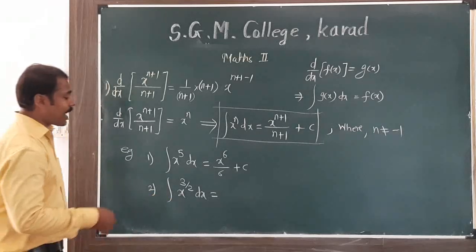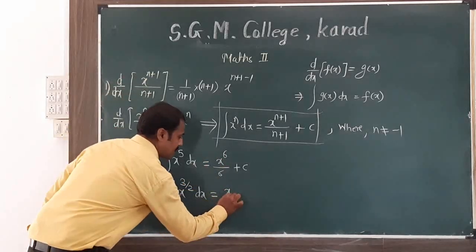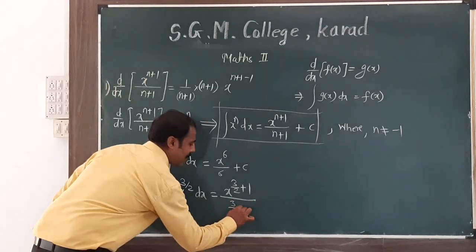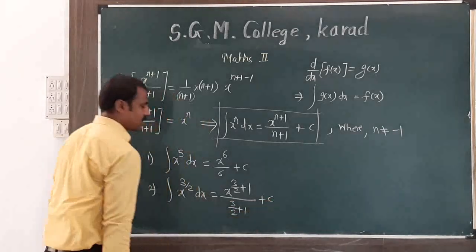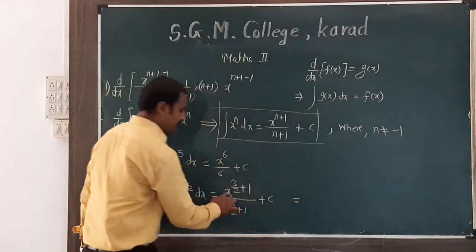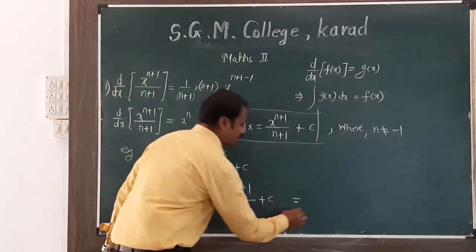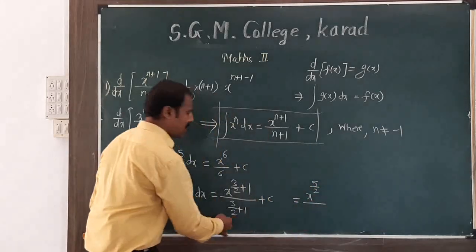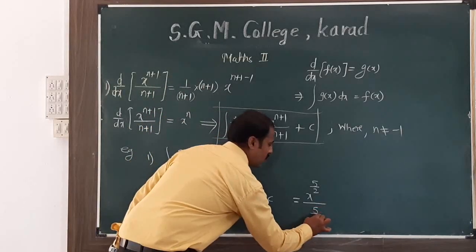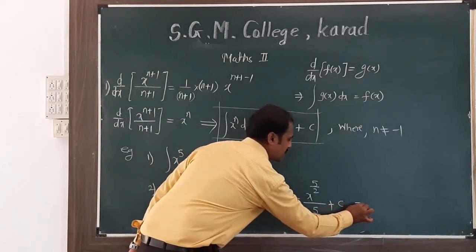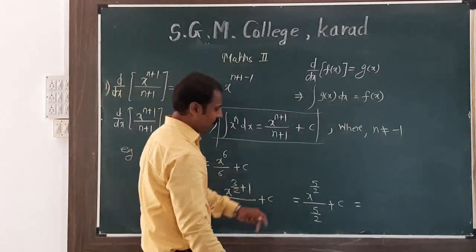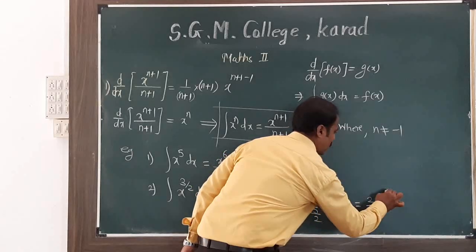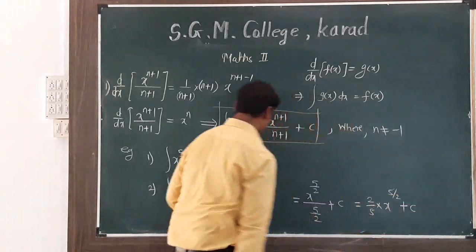So add 1 to the power: x raised to 3 by 2 plus 1 divided by the same power 3 by 2 plus 1 plus constant of integration c, which is equal to, tell me, 3 by 2 plus 1 is 5 by 2, so x raised to 5 by 2 divided by 3 by 2 plus 1, again 5 by 2, plus constant of integration c. Now simplify. Yes, it's 2 divided by 5 into x raised to 5 by 2 plus constant of integration c.